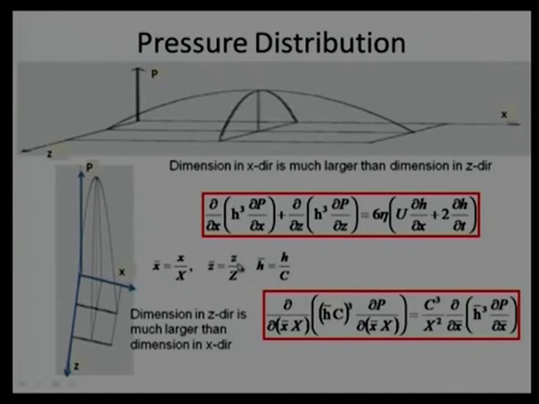Same thing for the second term: the maximum dimension in the z direction is capital Z. This is a variable, it will vary from 0 to capital Z, so z bar will be 0 to 1. So, what is the advantage of non-dimensionalization? Irrespective of the expression, x bar will vary from 0 to 1, and similarly z bar will vary from 0 to 1. So, we can do an order analysis. Whatever multiplication terms come will decide which term is going to be dominating.